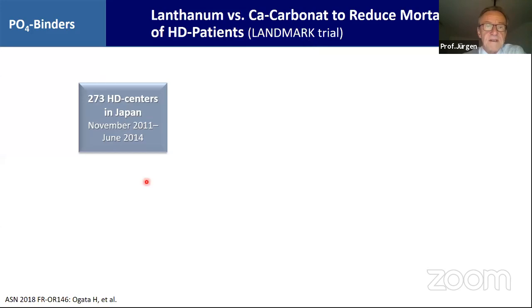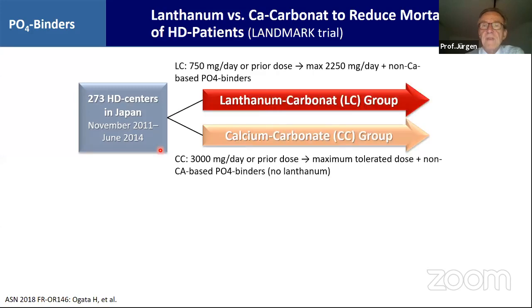It was presented 2 years ago at the American Society of Nephrology, 270 Japanese dialysis centers. And they randomized their patients to lanthanum carbonate, a maximum of 2,250 milligrams per day, or to calcium carbonate, 3,000 milligrams per day.